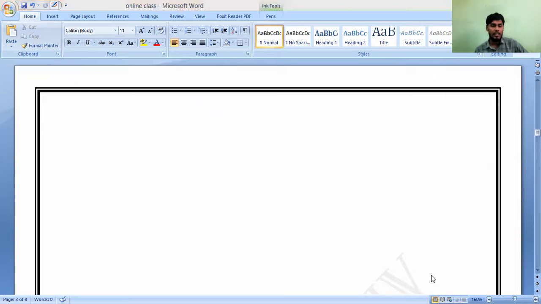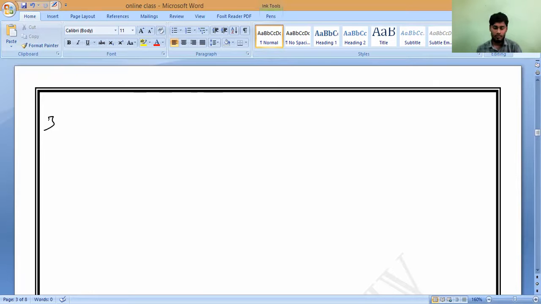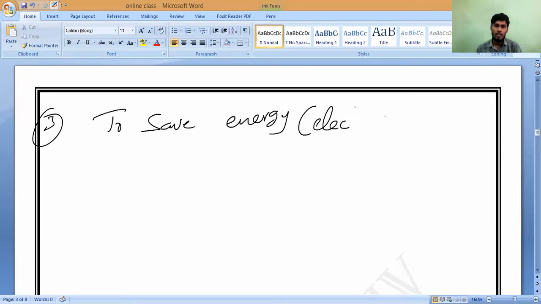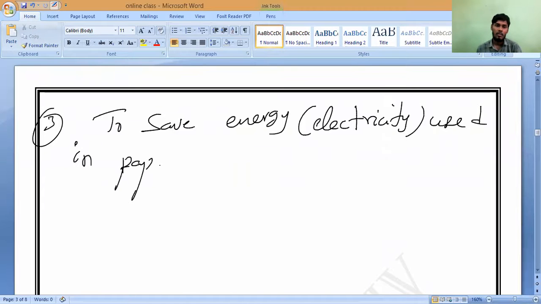To save energy. Energy means what? Electricity used in making paper. Understand? To save energy, electricity used in the manufacture of papers.